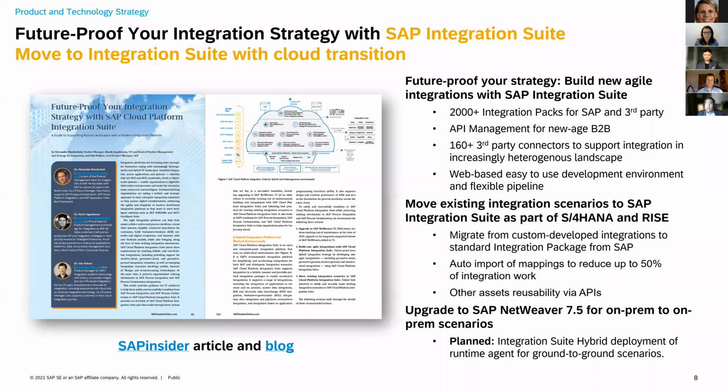In addition, we want to provide customers a central solution that can be useful for their API-led business to government, B2B, and especially third-party integrations. That's why we are having around 160 plus connectors that customers can utilize to connect to third-party applications in the cloud. And in addition, total cost of development with Integration Suite is very low. We provide a low-code, no-code development approach where you can easily design your scenarios.